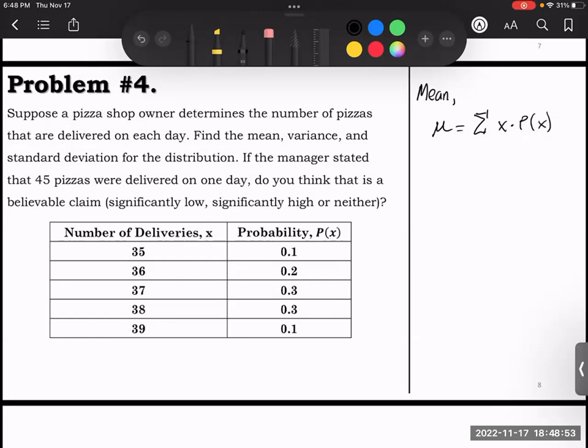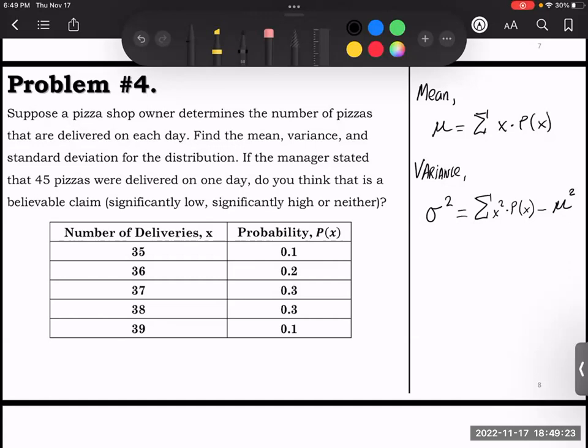For the variance, remember, variance is always sigma squared. There are 2 different formulas that you can use. The one that I use is the following. I say that this is equal to the sum of x squared times the probability of x, minus the mean squared. This is the one that I use.